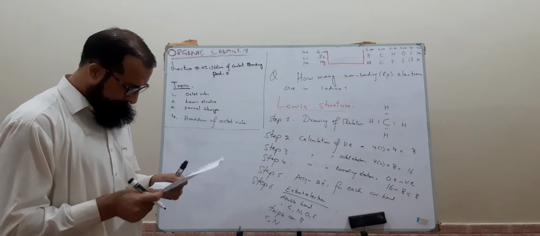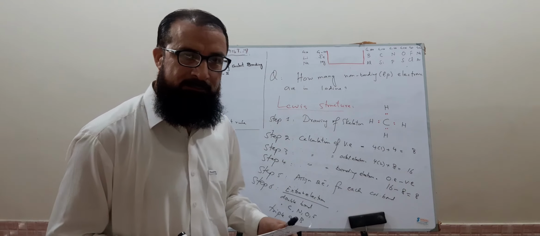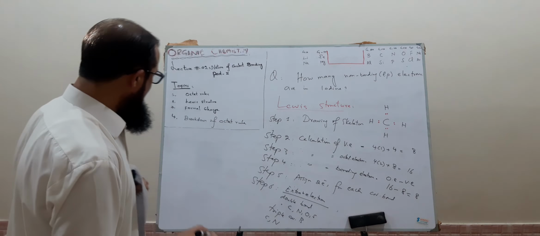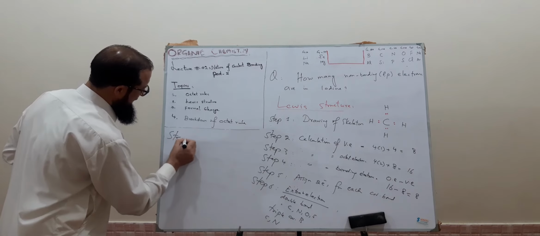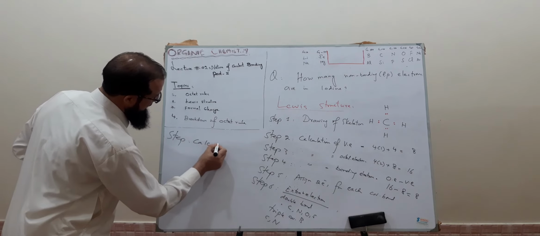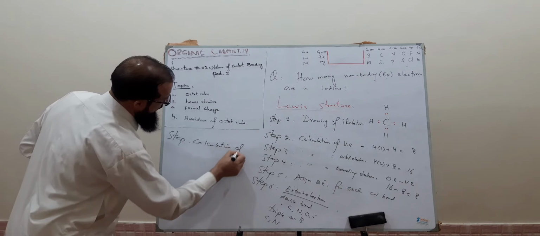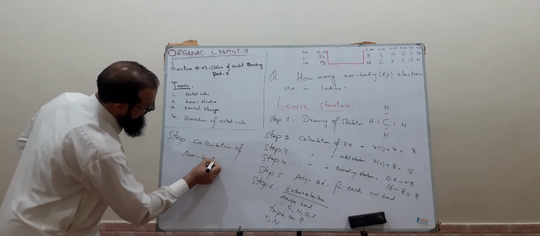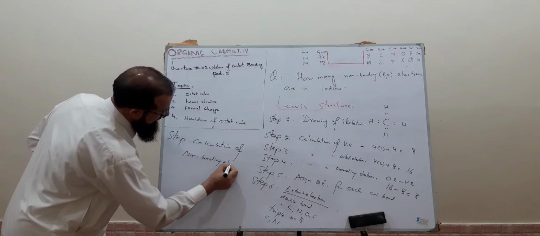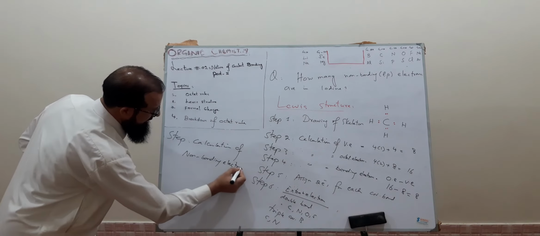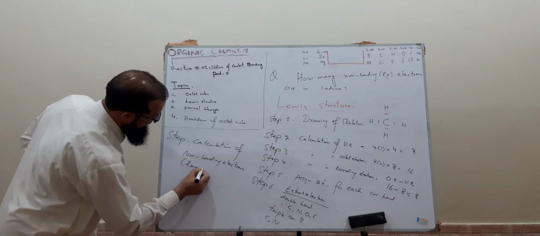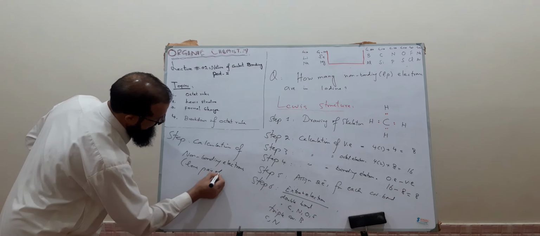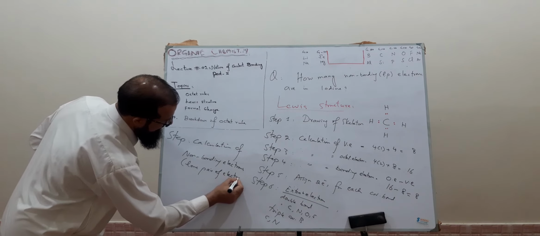Step number 7 is the calculation of non-bonding electrons, which we can say are lone pairs of electrons.